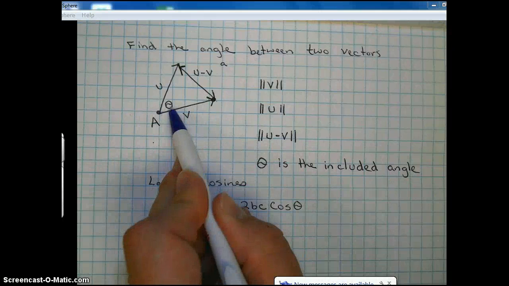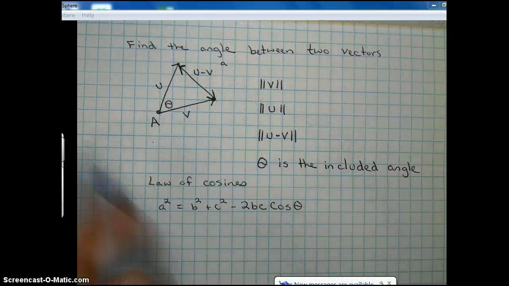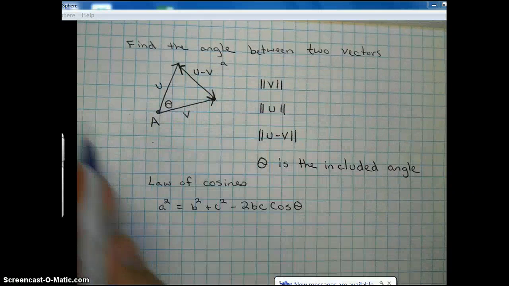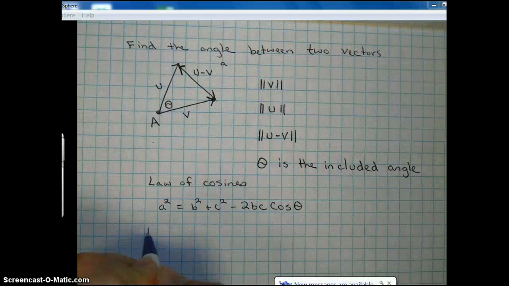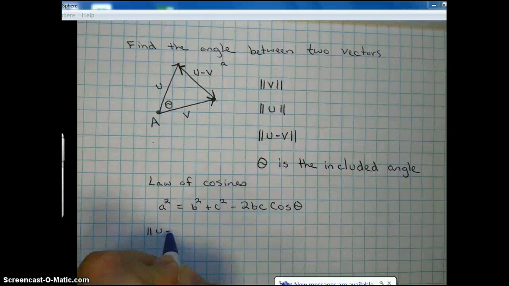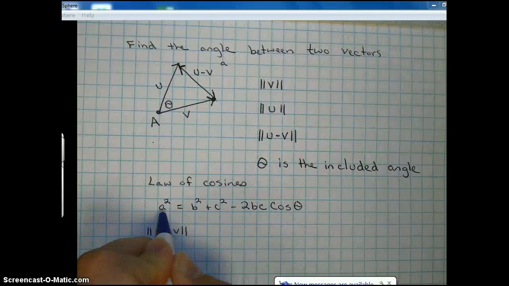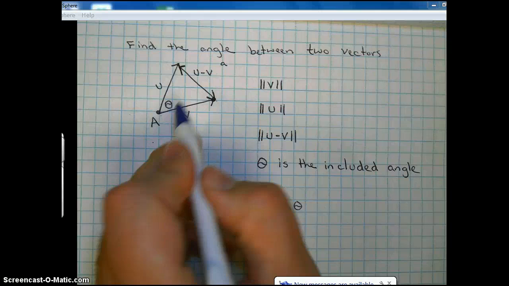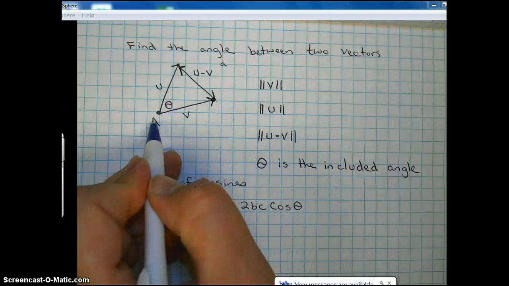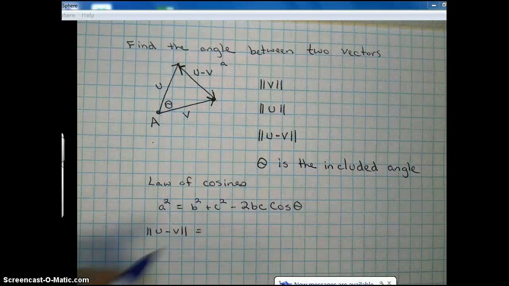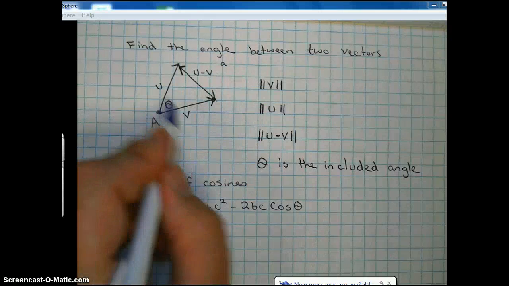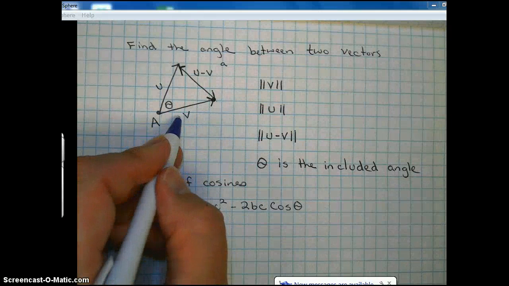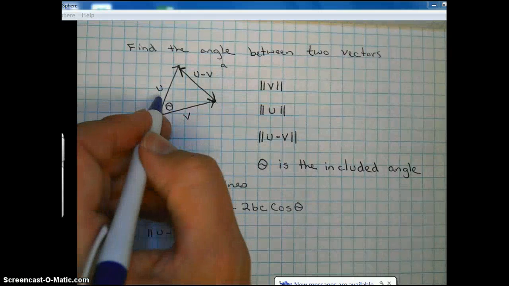So this angle is opposite this side here. So plugging this in, we have the magnitude of u minus v, that corresponds to side a, because it's across from this vertex, is equal to, okay, now it does not matter which one we use here, so let's go ahead and make b this side over here.